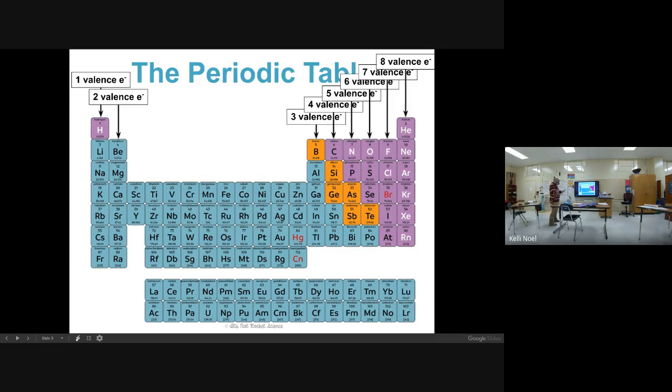Okay, you hear us? Okay, so we're actually talking about the periodic table today. So if you have the paper copy of the periodic table, I don't know if you left it here or took it with that stack of work. That's what we're talking about. And we just mentioned that the groups are the columns.